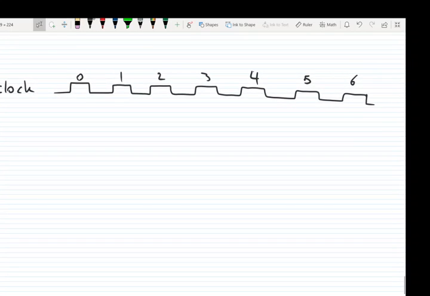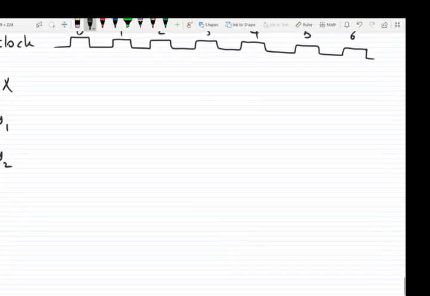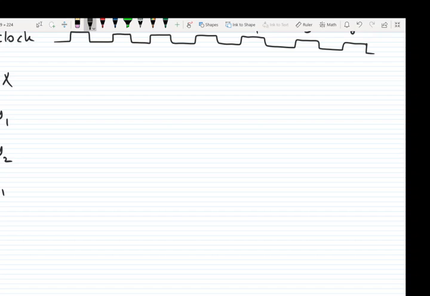Input X, next state Y1, next state Y2, J1, K1, T2, and Z. So these are the variables we want to find.